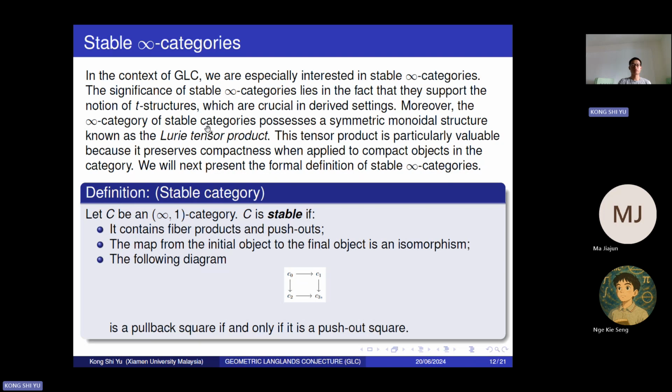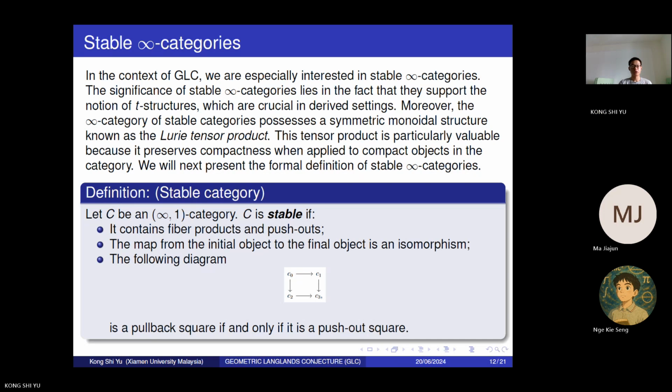The infinity category of such a category possesses a very important structure called the symmetric monoidal structure, and this structure is very important for preserving certain properties of the Langlands functor.